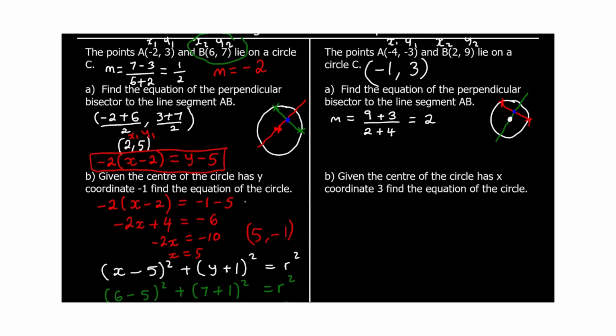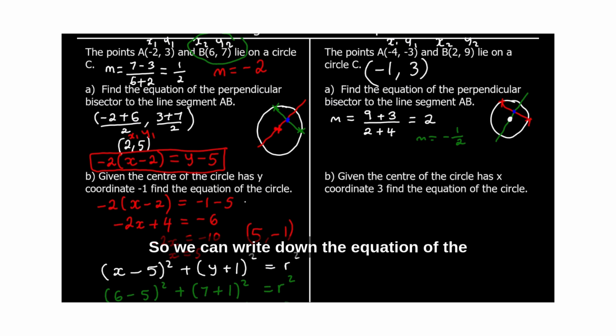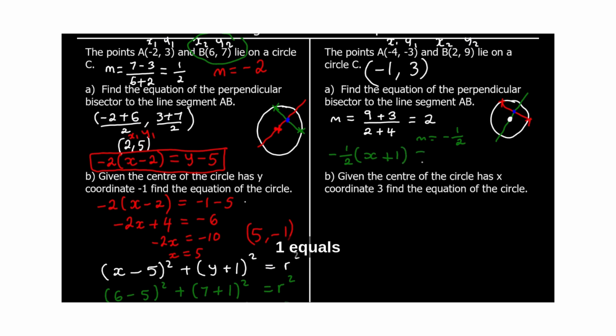So the perpendicular gradient is the negative reciprocal, minus a half. So we can write down the equation of the perpendicular bisector now. We know its gradient, we know a coordinate, so it's m times x minus x1, minus minus 1, equals y minus y1.